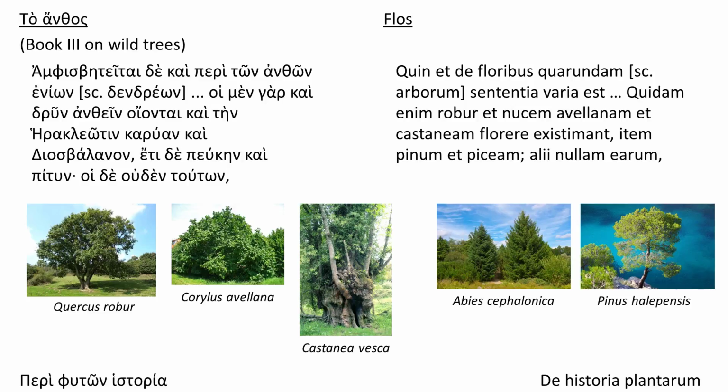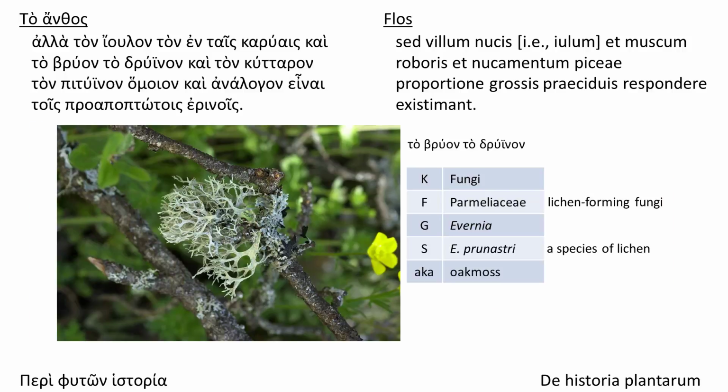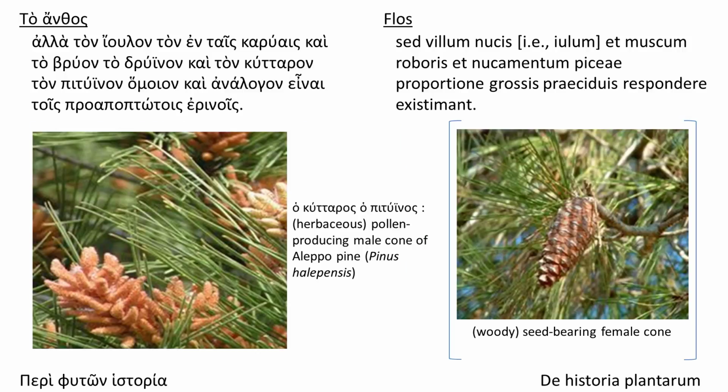Hoide uden tuton. Some, however, think that none of these has a flower. Alai nullam earum. Alaton iulon ton entais caruais, kai to bruon to druinon, kai ton kyteron ton pituinon homoion kai analogon enai tois pro apoptotois erinois.